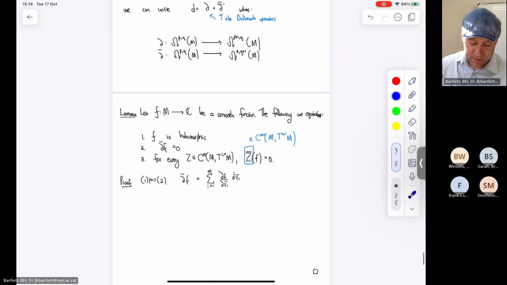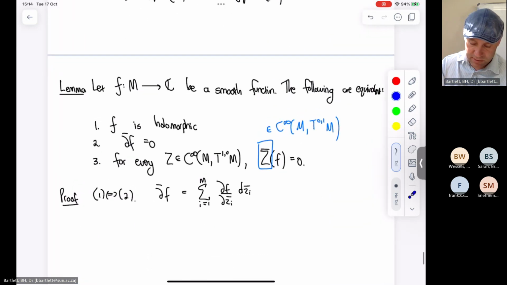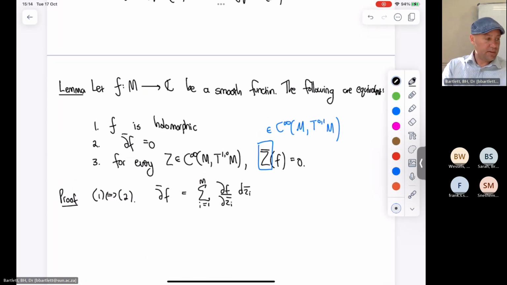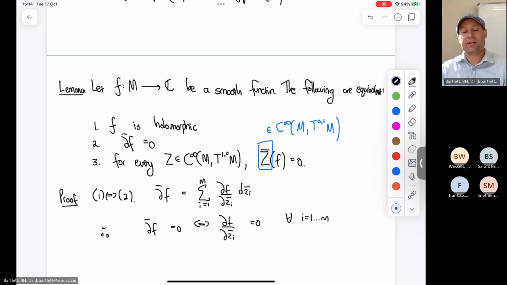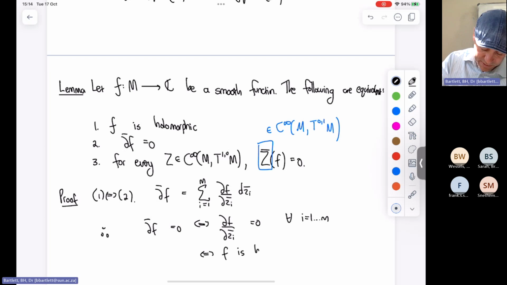So what does that mean? It means that this is going to be 0, which is condition 2, if and only if the derivative of F in the Z i bar directions equals 0. Okay, and that's exactly the statement that F is holomorphic, right?